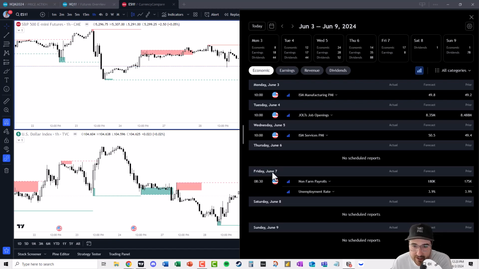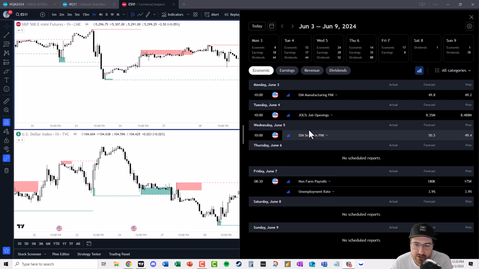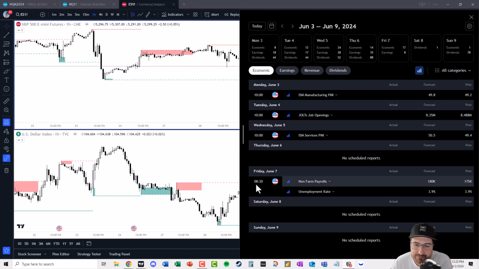Friday is most likely a no trade day for me, or really small risk if my setup does happen to show. We have non-farm payrolls and the unemployment rate. So I believe most of my trading is going to be within these 3 days. Thursday, maybe. And then Friday is very cautious, right? So I'm going to write this in my notes, do the same as well.